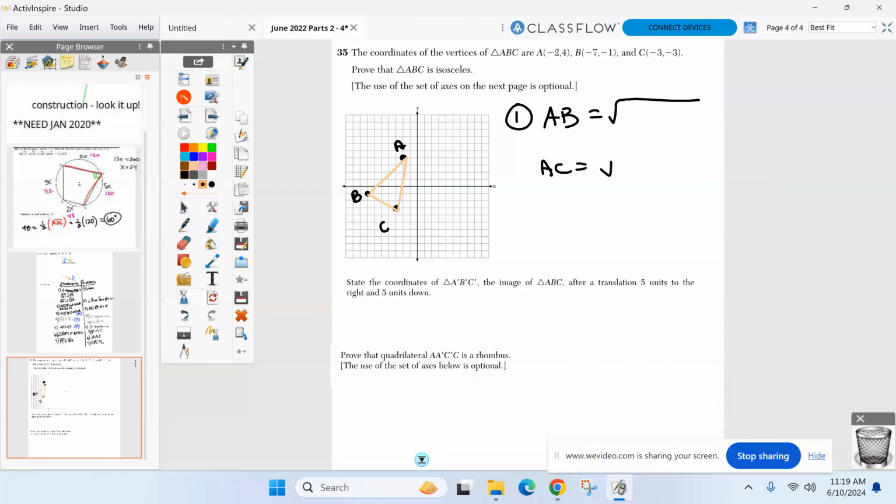Find your distance of AB and AC. Or Pythag. I keep forgetting some of you guys use Pythag, which is fine.